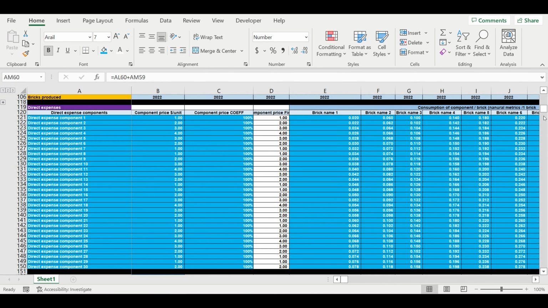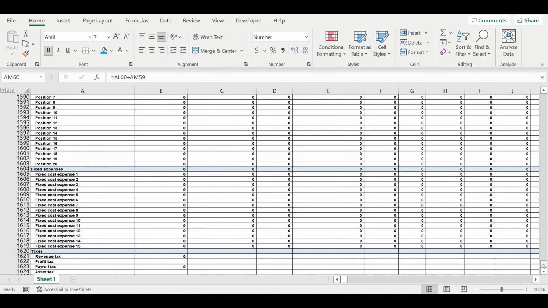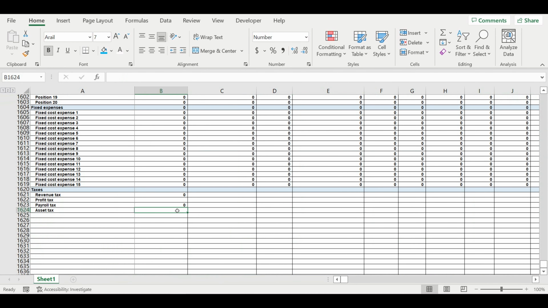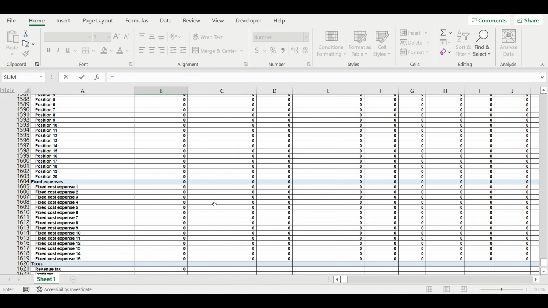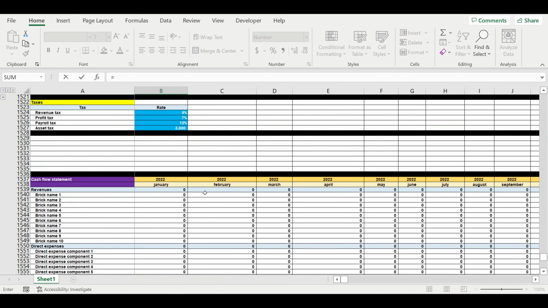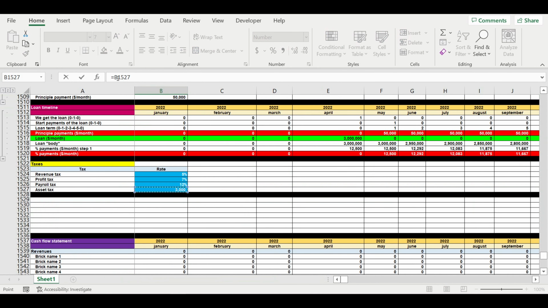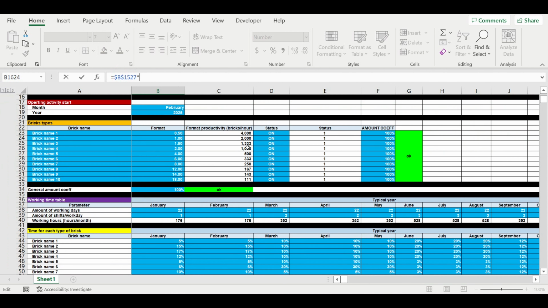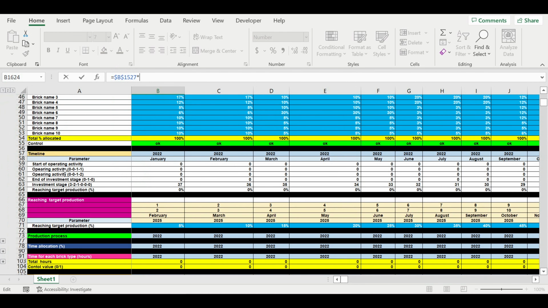So I take the asset tax value per month, monthly value, and multiply it by whether we have or don't have an operating activity. This line.